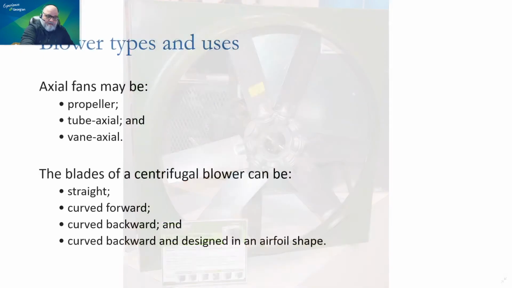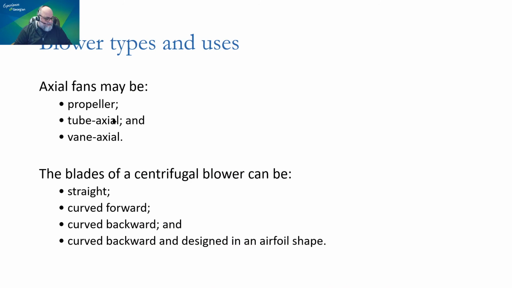The topic we're going to cover today, the first part at least, is blower types and uses. As you can see, the book has divided the blowers into mainly two parts. One is axial fans, which have a propeller, tube axial, or vane axial type.